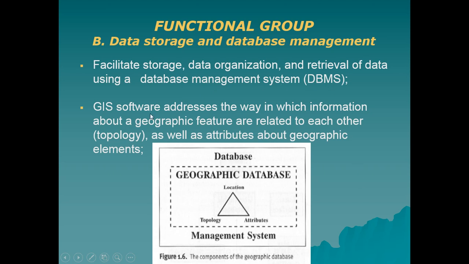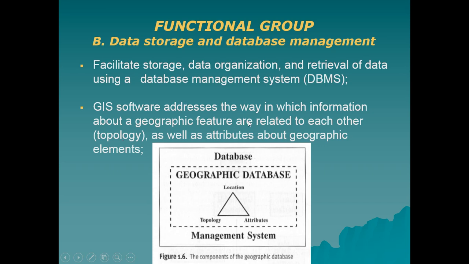When your software is organized like that, we call it a database management system. Note that GIS software addresses the way in which information about geographic features are related to each other. That spatial relationship is what we refer to as topology, not topography. Please be clear about that distinction. The words look similar, but they are spelled differently and they mean something different.